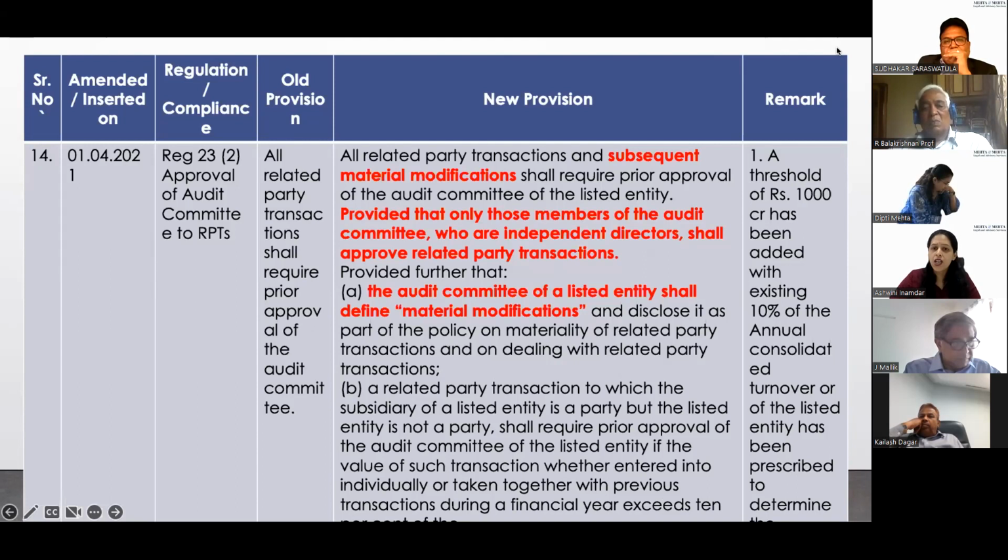First, at the time of entering into any transaction, and subsequently if there is any modification to that transaction, that criteria has to be decided by the audit committee, and all subsequent material modifications also have to be prior approved by the audit committee. This is the amendment.